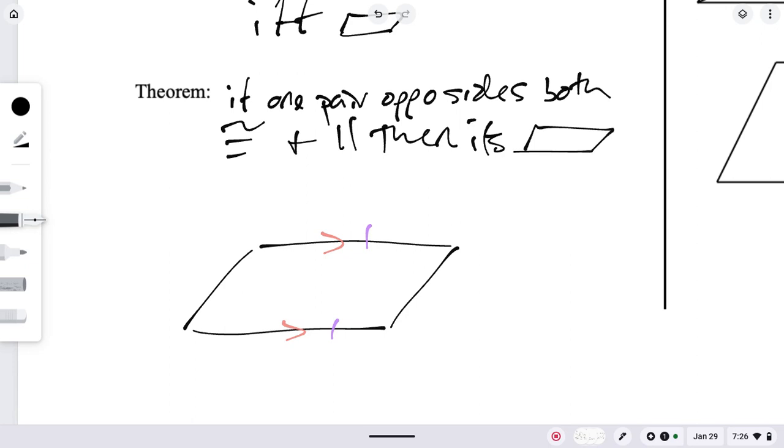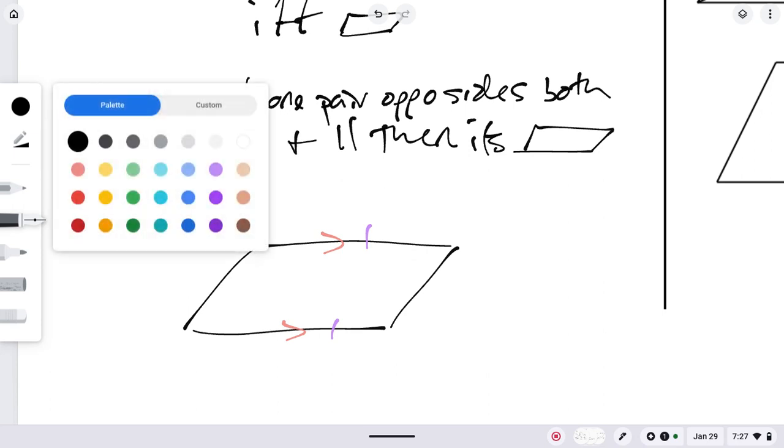So again, this only works when I'm trying to prove that something's a parallelogram. Otherwise, if I already knew it was a parallelogram, this would be useless because we know that both pairs of opposite sides would be parallel. Both pairs of opposite sides would be congruent. But if you're trying to prove that something's a parallelogram, this is a really useful thing to know.